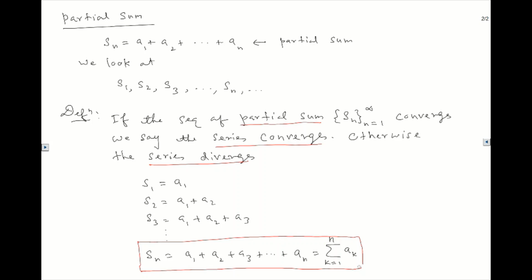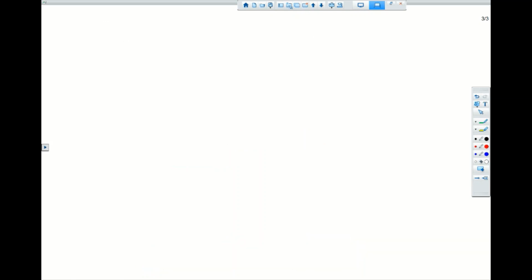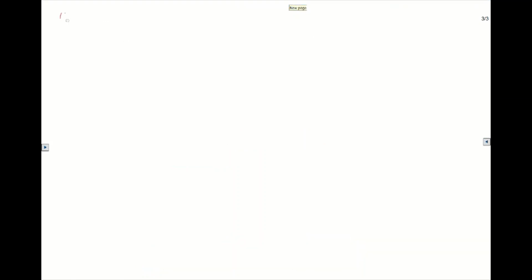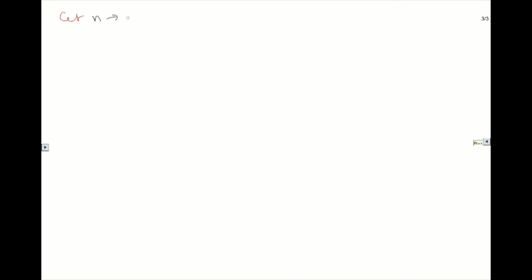Now what we're going to do is send n to infinity, and that's what we call the sum of the series. When n goes to infinity, we have S equals S infinity, that is the sum of the series, a1 plus a2 plus a3, like that.